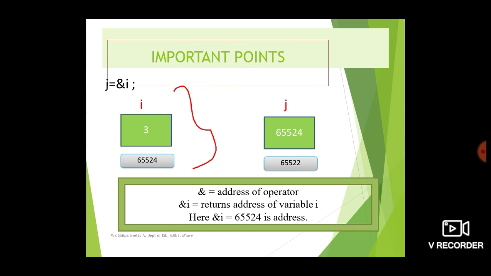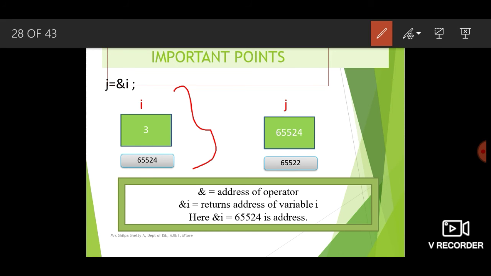Now when you write j is equal to address of i, j should be declared as an integer here. Then the address of i, that is 65524, will be stored in j, and j will have some other address. j is one more variable in memory, so it will have some address, but the value stored in j will be the address of i.